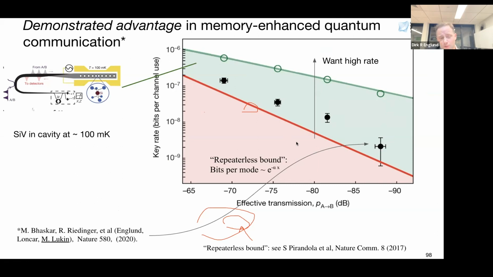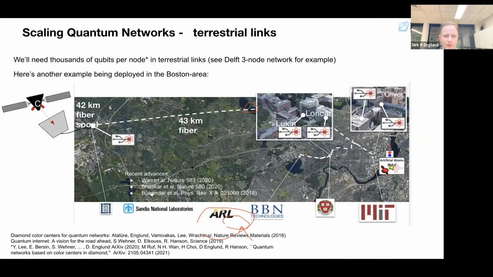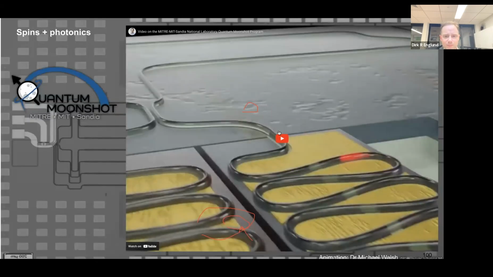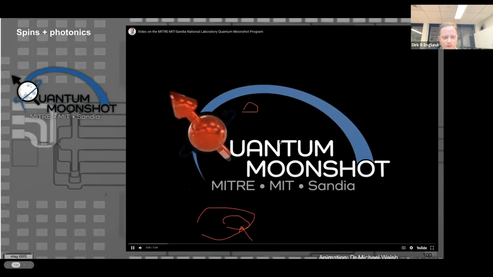Although the approach did add other losses, so there wasn't yet a net benefit, it did show a very important thing: given some loss, you could do better than a photon alone using a quantum memory. And so that's, of course, in the CQN, one of the starting points for our program, to build that out.